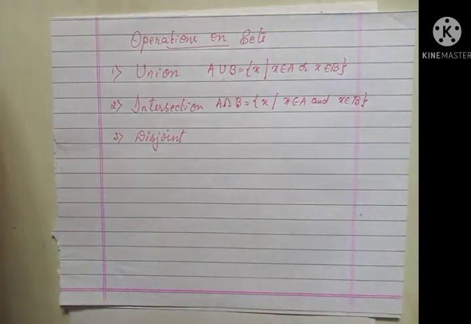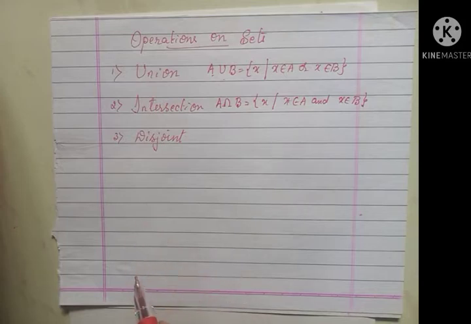Intersection means you have to write only the common elements. In union, you have to write all the elements of A and B. If any element is repeated, you write it only once, because in a set we won't write repeated elements.